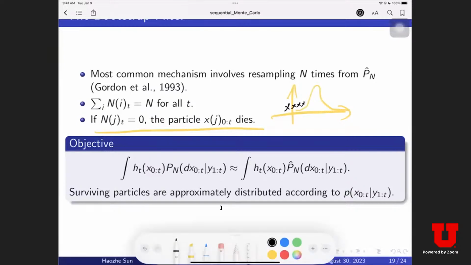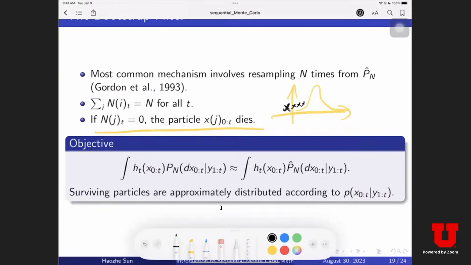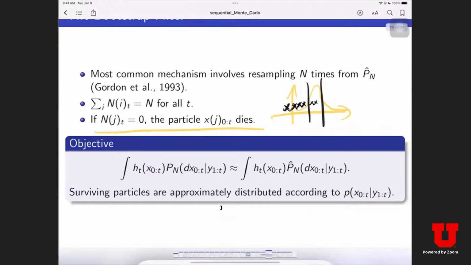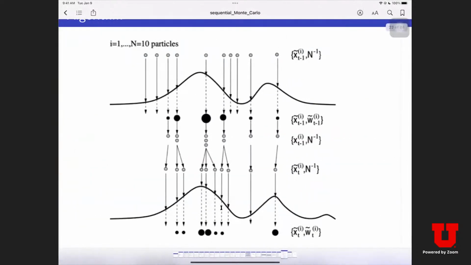So we want to cancel these particles and make them more focused on this non-zero area. And I have pictures to show this.